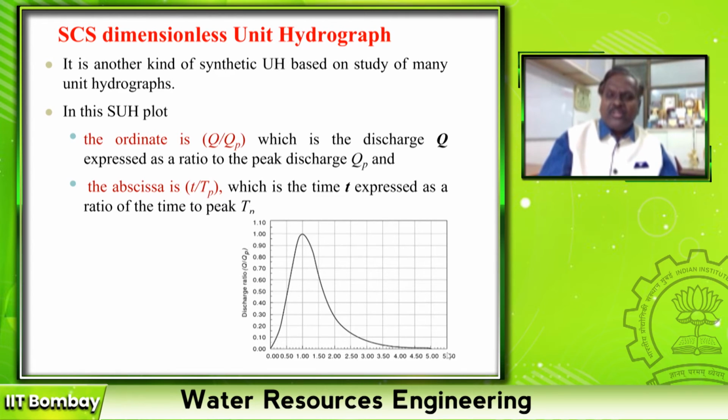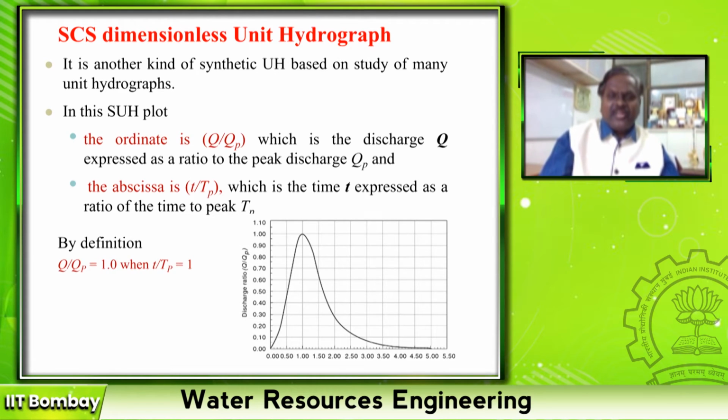It varies from 0 to 5 times or 6 times. But exactly below the peak discharge, it is 1. And in y-axis, the discharge is divided by peak discharge. So then the percentage varies from 0 to 1. And exactly at the peak time period, Q by Qp is also 1, T by Tp is also 1.